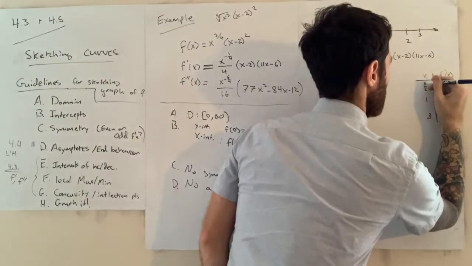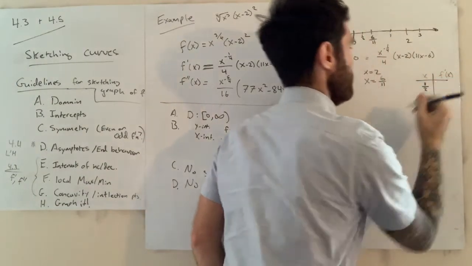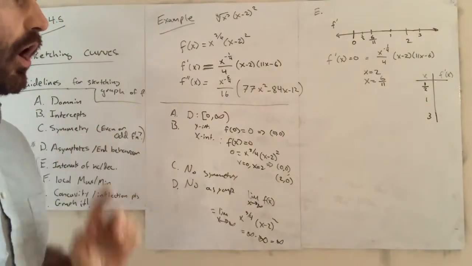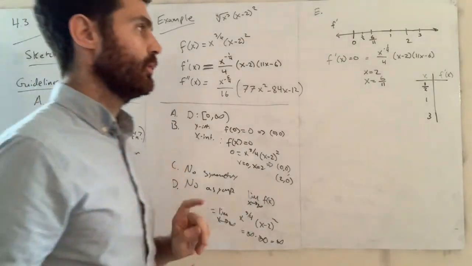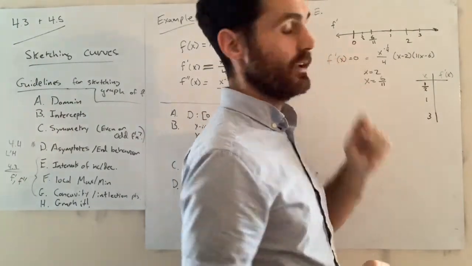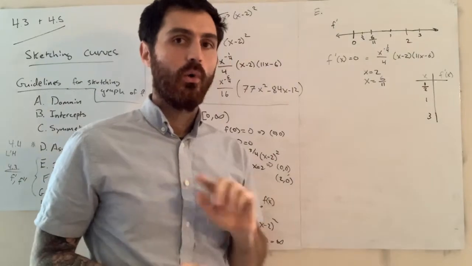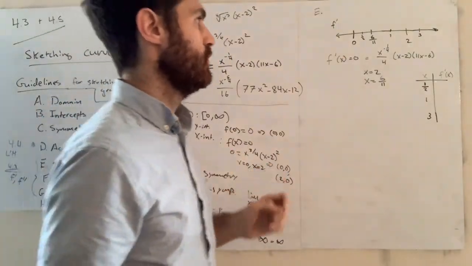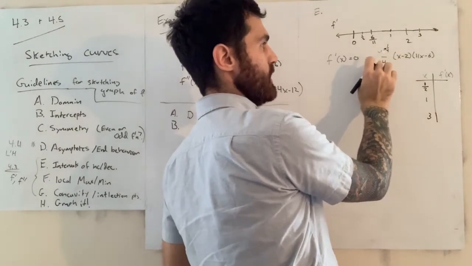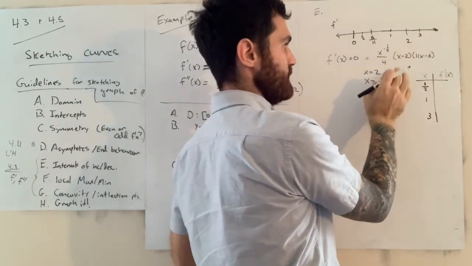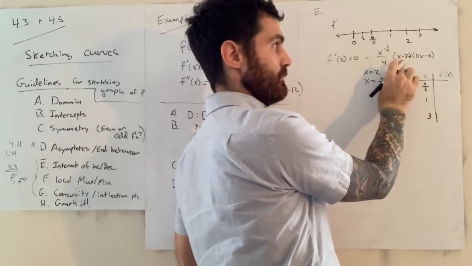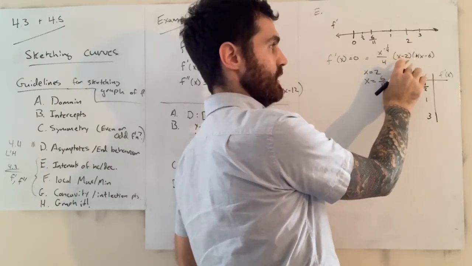And one thing you want to worry about is we're not worried about the actual value right now. All we're worried about is whether or not our derivative is positive or negative. So we plug 1/2 into here. We know that's going to be a positive number, whatever it is. Plug it into here, you're going to get a negative number. 1/2 minus 2 is negative.